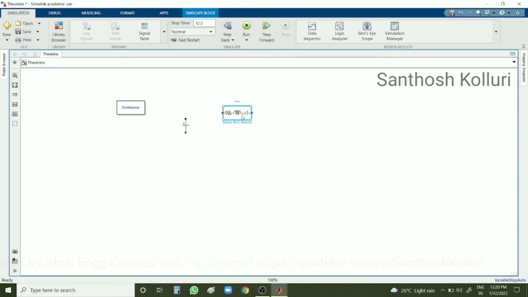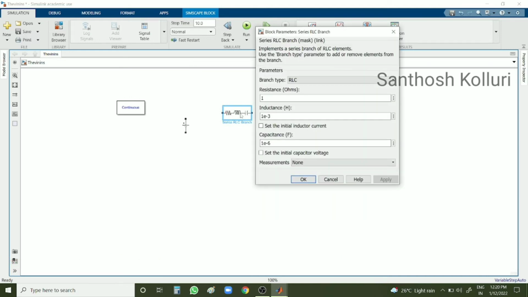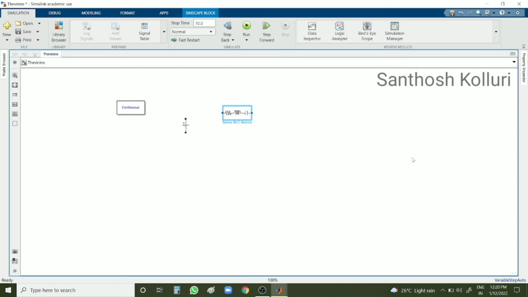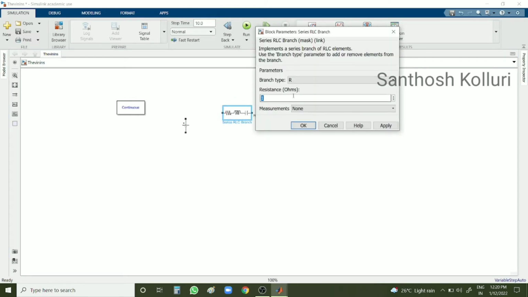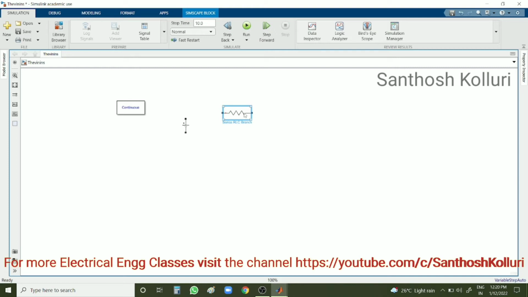From that I'm considering only the resistor. Change the parameter to the resistor value, and I'm giving the value of the resistor as 150 ohms as we have taken in the theoretical part.